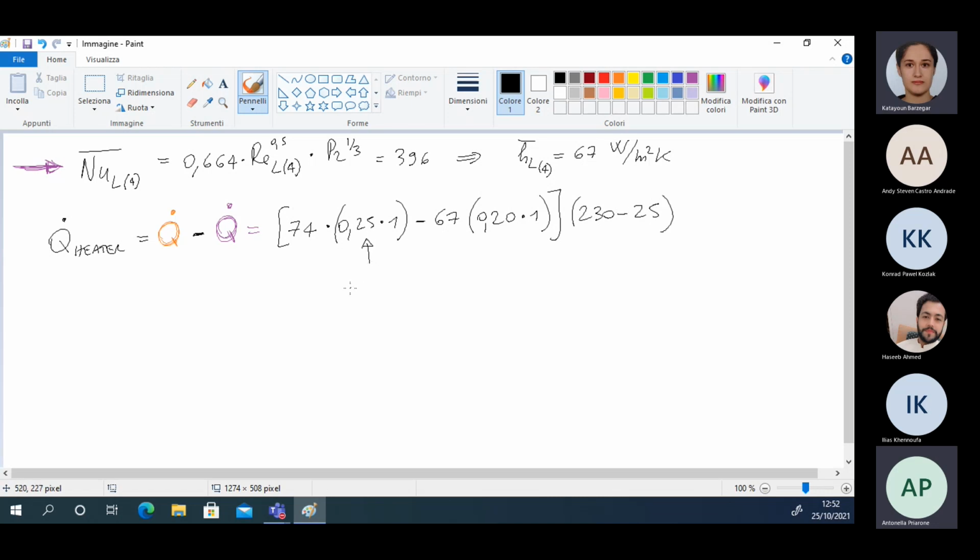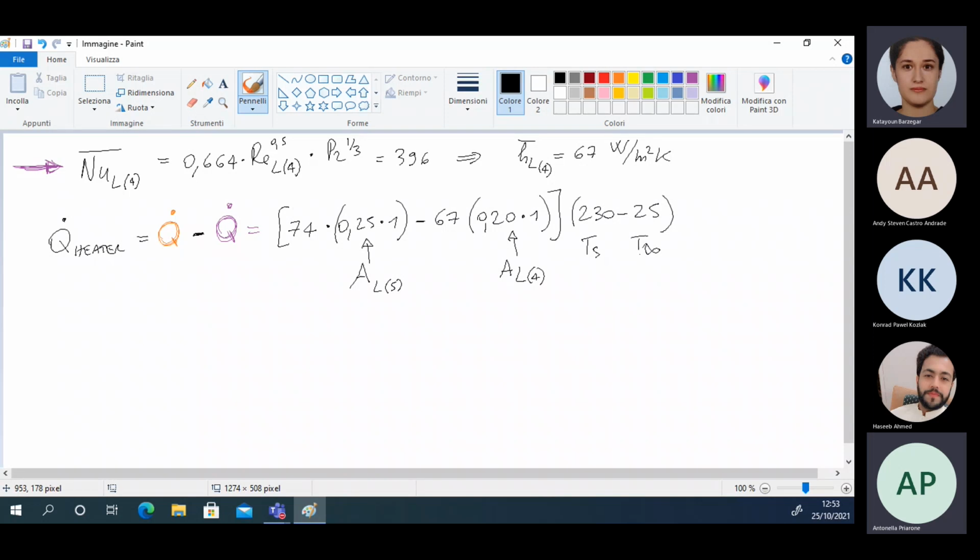This is the area up to the heater length 6. This is the area for heater 5. Sorry, it is for heater 5 and this is for heater 4, and this is the delta T, Ts minus T infinity.